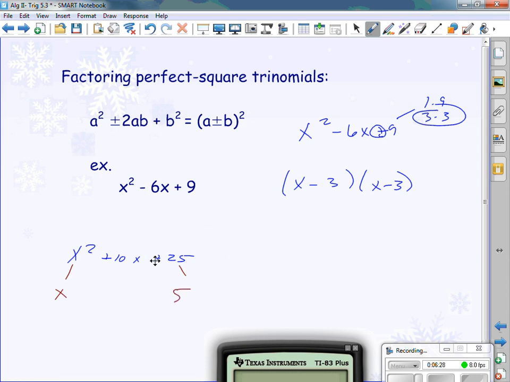Is this positive? Yes. What's 2 times x times 5? 10x. Do I have 10x in the middle? Yes. Since I've answered yes to all these questions, it is special. What's this sign here? Positive. (x plus 5) squared. I don't have to think what times what gets me a 10. It's special.